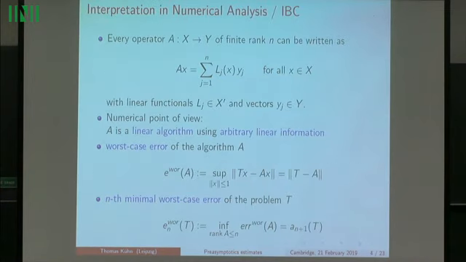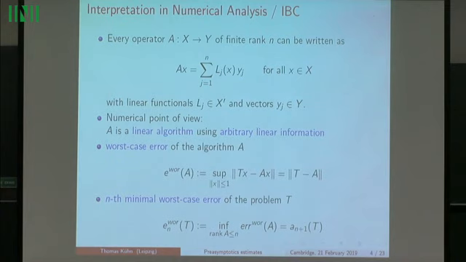Okay. So the relation to numerical analysis or information-based complexity is as follows. If we consider an operator of finite rank A from X to Y, then we can always write this operator as a sum of n summands, each summand of the form a linear functional applied to x multiplied with a vector from the target space.